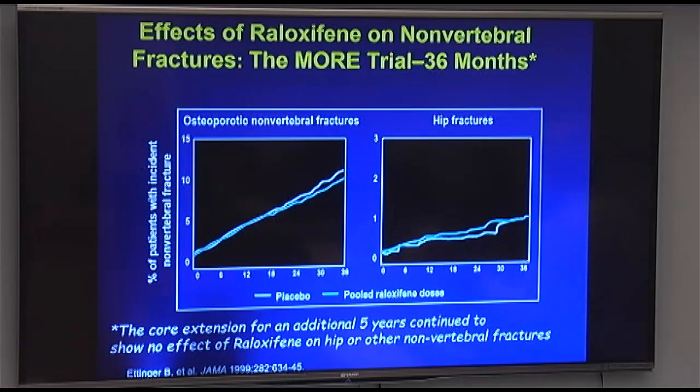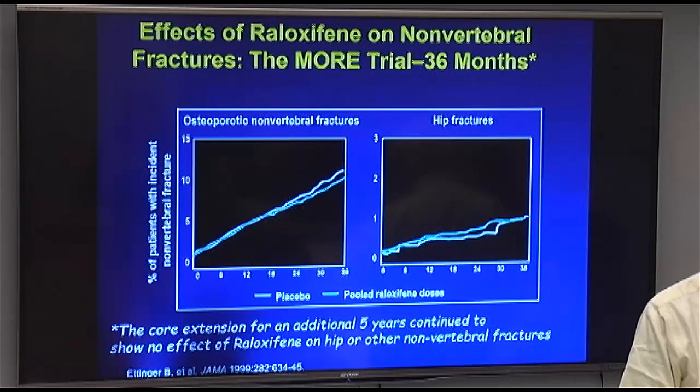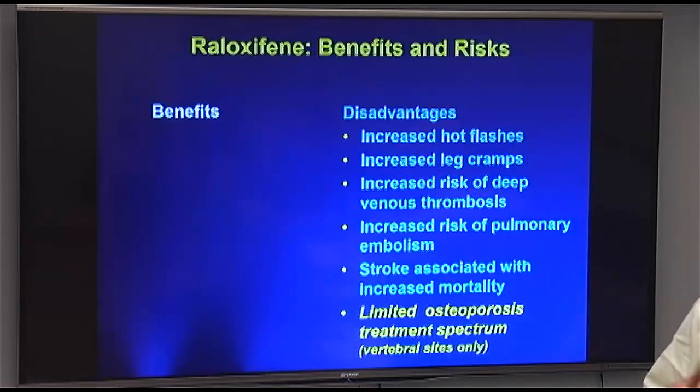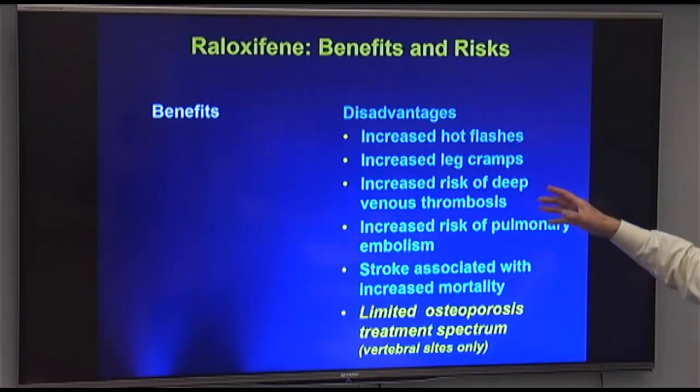So out to 8 years, there was no apparent effect of raloxifene on non-vertebral fractures or hip fracture. Bless you. And so I'm not saying that the drug doesn't work at non-vertebral or hip sites. I'm just saying we don't have the evidence. So we have issues as well.